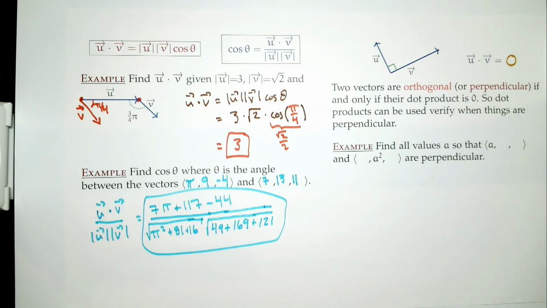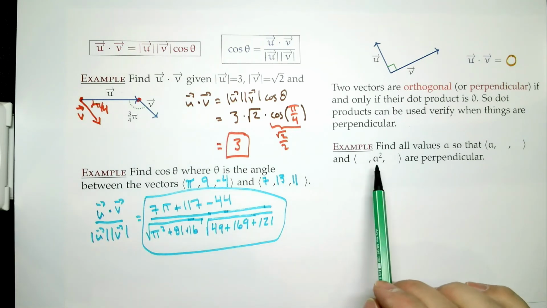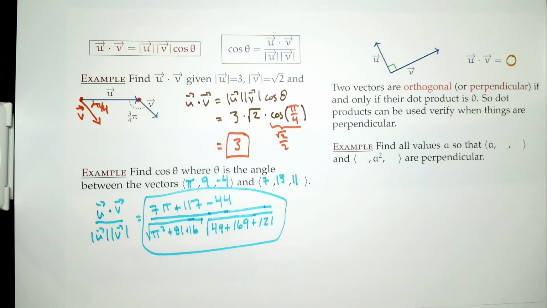Let's do an example. Again, small example. Find all values a so that (a, 3, -5) and (0, 1, a squared, 7) are perpendicular. Okay, for the benefit of your instructor's sanity, single digit numbers.